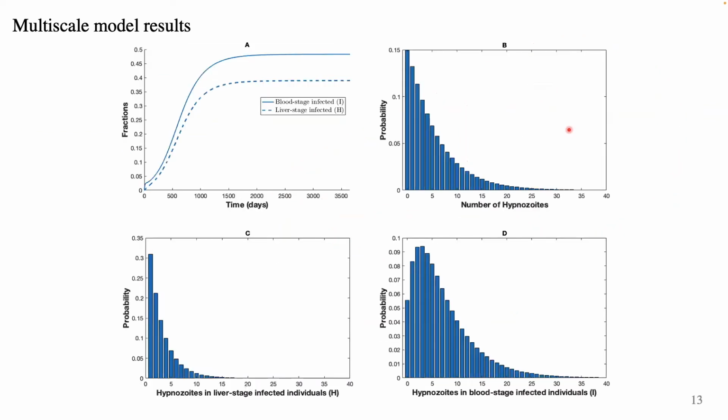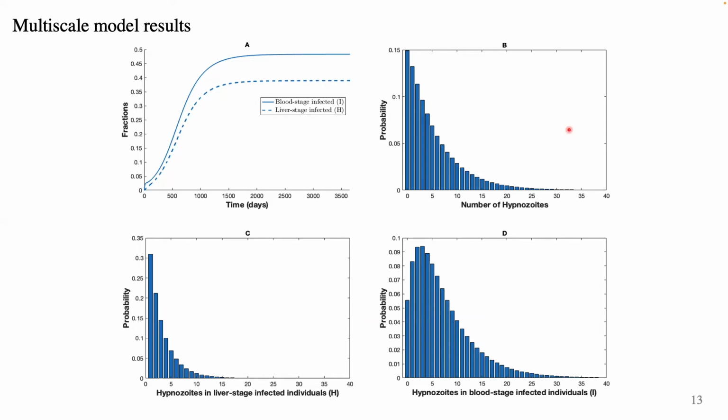We can solve the model numerically, and just like any other model, we can look at the dynamics of the transmission. We can see what proportion of individuals are blood stage infected, meaning they have blood stage parasites in the blood, and what proportion of individuals are liver stage infected.